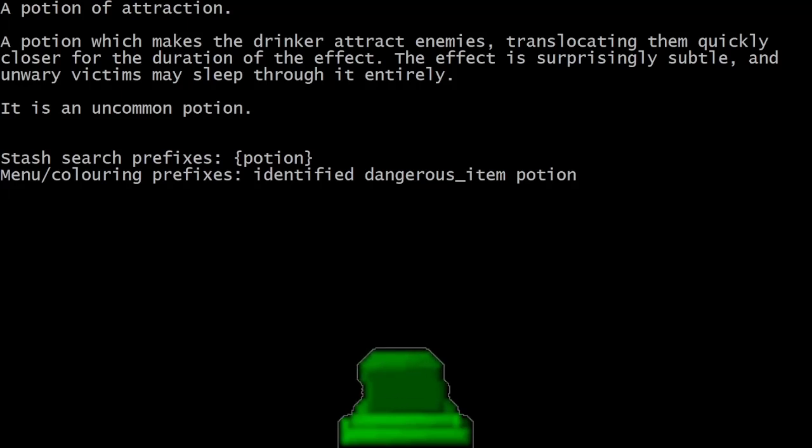But potion of attraction makes it so that things are next to you. So not only does that kill curses very, very easily, as long as you can actually harm them, of course, it just prevents you from dying to them. But it also reduces the risk of being a tree, because whatever draconian walks around the corner after you're done with the curse is going to be pulled straight towards you.